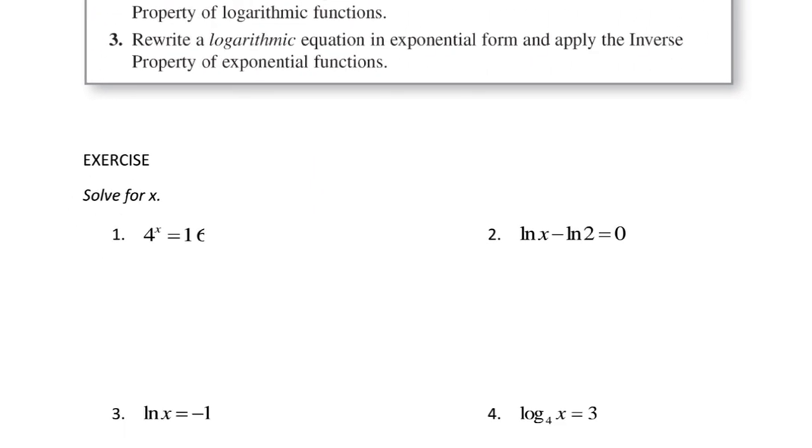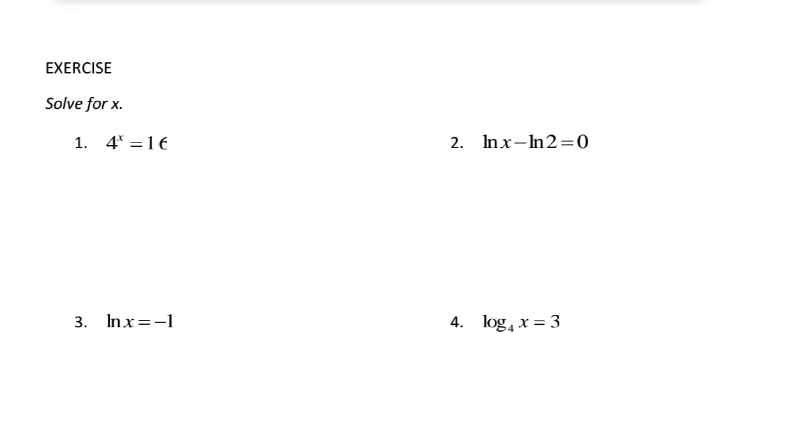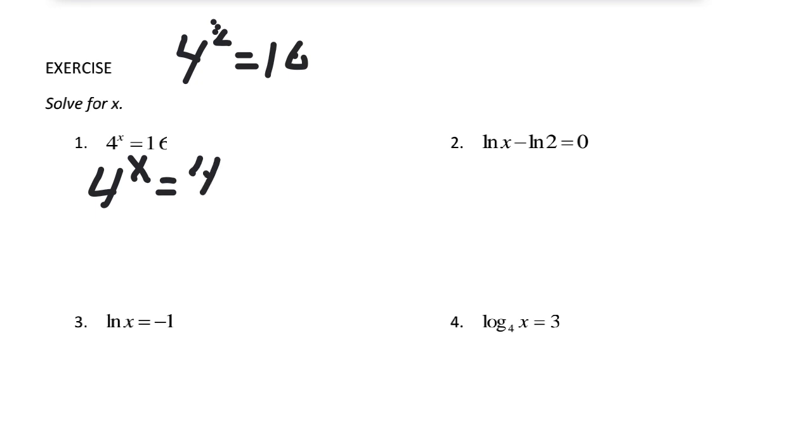So moving down, first one we look at, there's a couple different ways to solve this one. I'm going to attack it by the method of, I know that if I have 4 squared, that equals 16. So I'm going to replace and get 4 to the x equals 4 squared. Now that I have my bases exact same, x equals 2, and that was that easy.